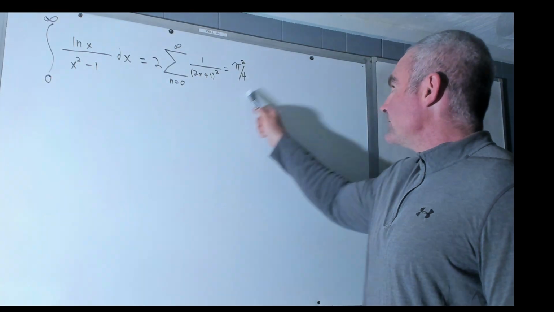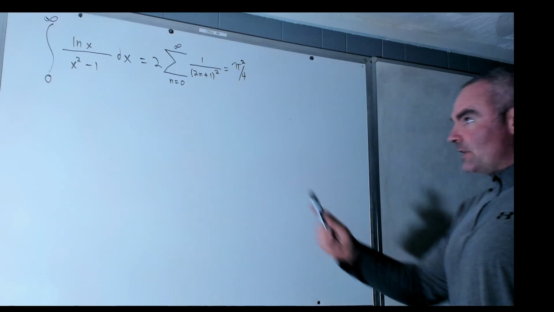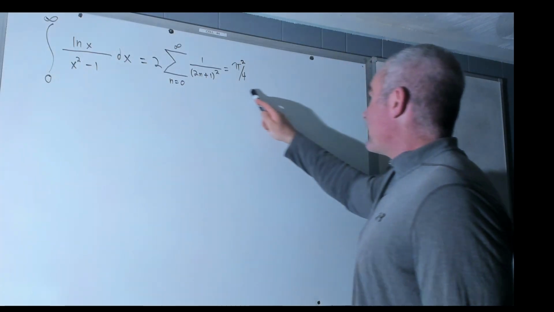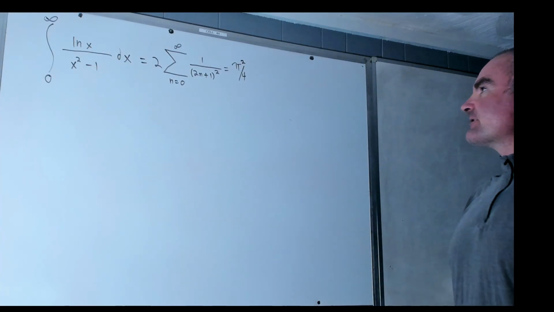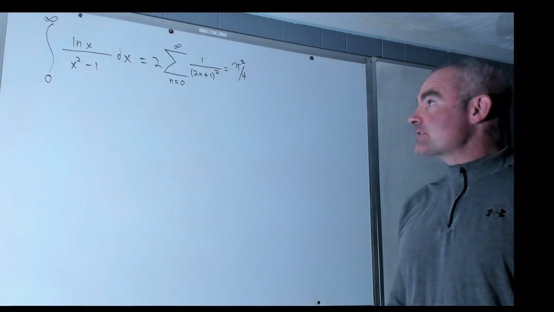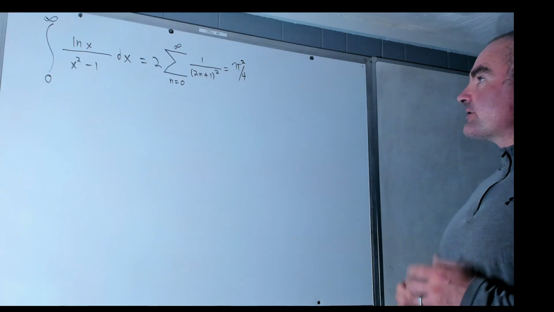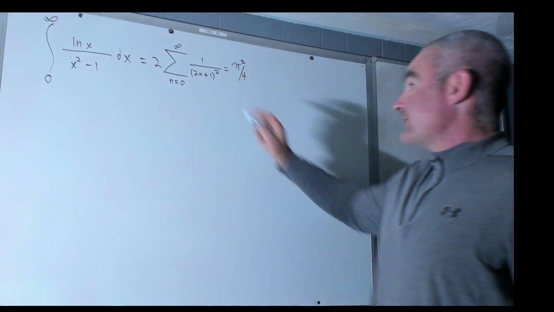We just divide by 2 and get pi squared over 8, the classic result. We're going to show that this is equal to this, and also that that is equal to that, and therefore the sum of the reciprocals of the odd squares is going to be equal to pi squared over 8. All right. So the first thing to show is that that integral is equal to that sum.